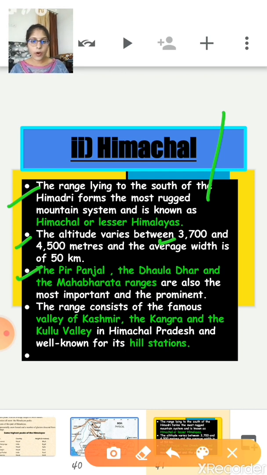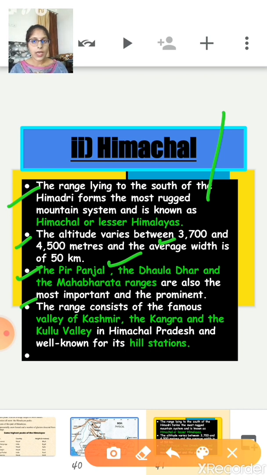If we talk about the important ranges of this range, first one is the Pir Panjal. Pir Panjal is the longest and one of the important ranges of the Himachal, and along with it the Dhauladhar and Mahabharat ranges are also most important and prominent. Now this range consists of the famous valley of Kashmir, the Kangra and the Kulu valley in Himachal Pradesh, and this range is also well known for hill stations like Mussoorie, Shimla, Nainital, etc. So this is the second range of Himalaya.